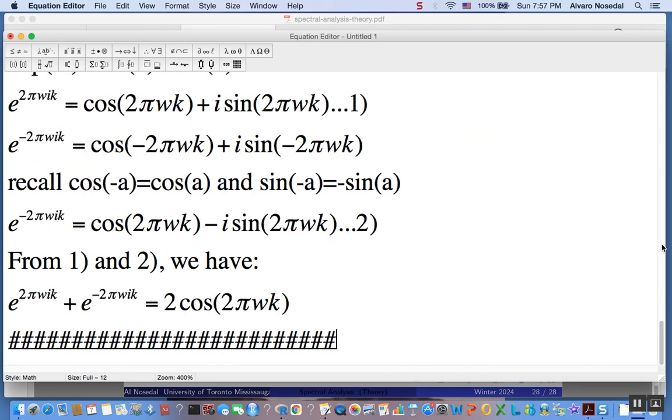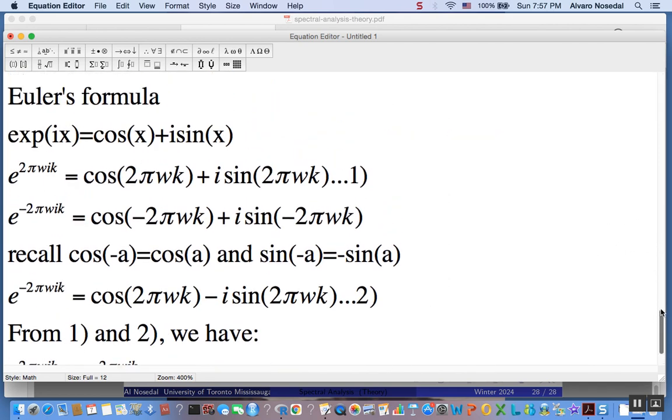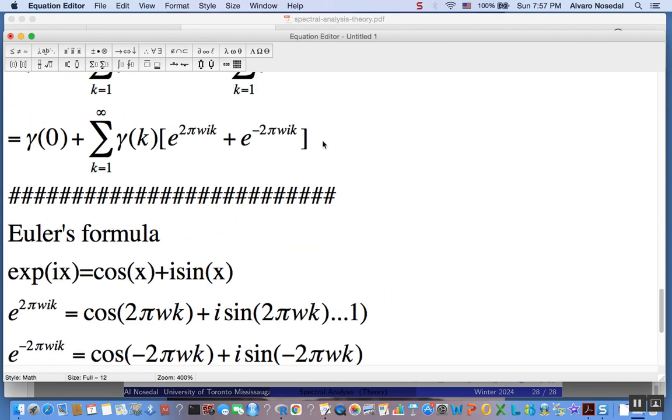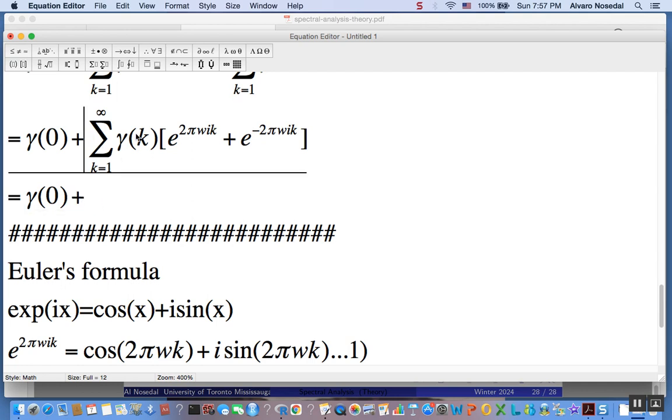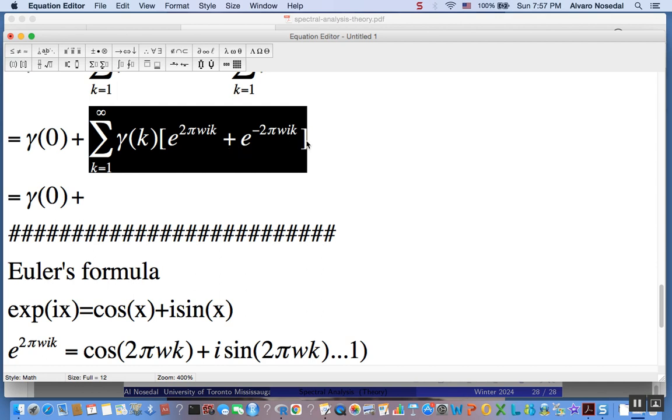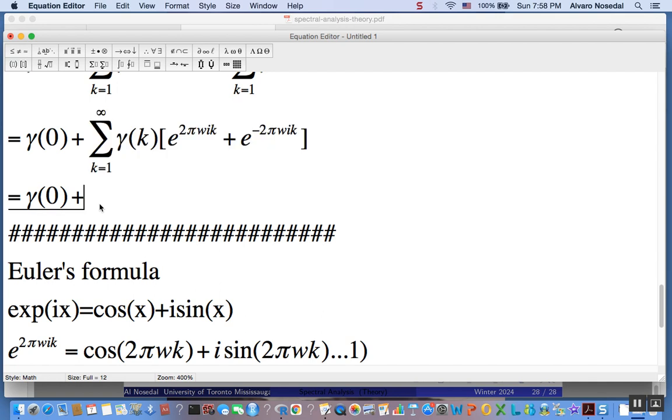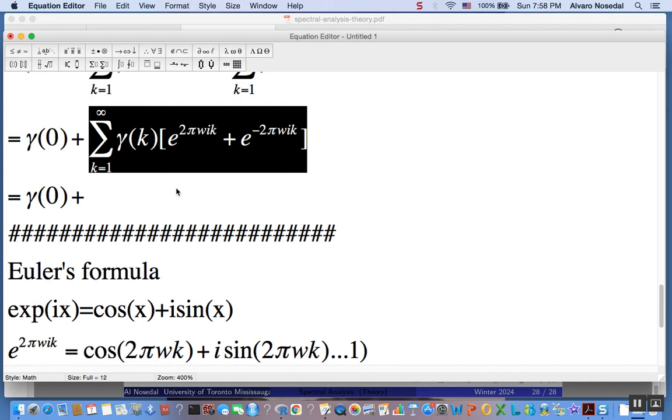Okay. So let me just go back to what we have up here. Going back to what we have here is gamma at 0 plus, instead of having gamma at k, the summation k goes from 1 to infinity of gamma at k times e to the power 2 pi w i k plus e to the power negative 2 pi w i k, we could rewrite that just like this.